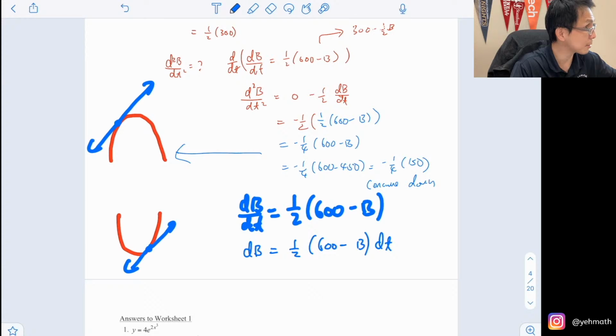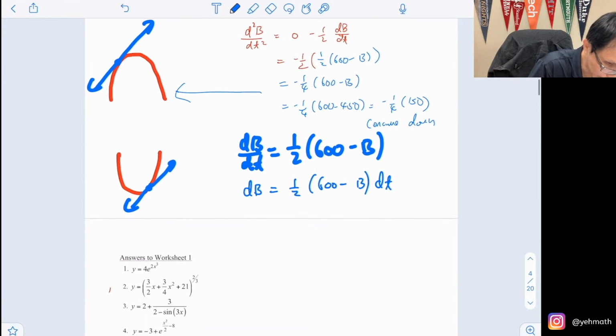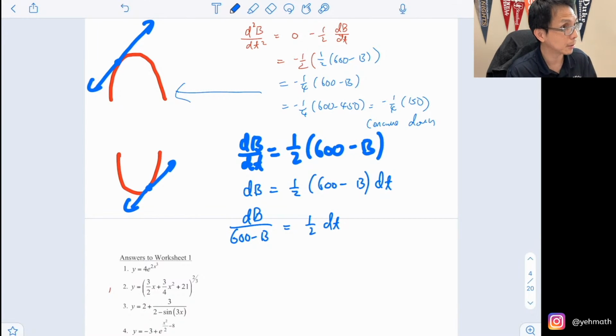Because once you distribute, they're connected, and connected, you cannot move. Okay, so now what we're gonna do is dB over 600 minus b equal to half dt. Now you did separate the variables, even though there is no t, that's still a constant.